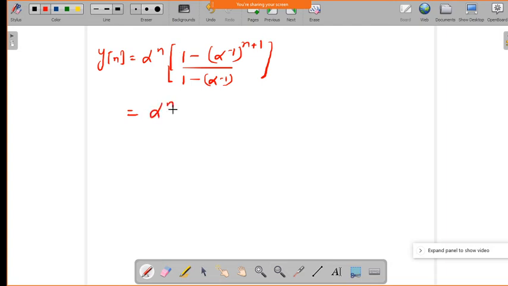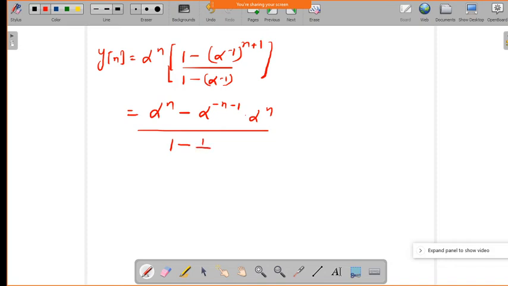What you will get is alpha power n minus alpha power minus n minus 1. If you multiply this n plus 1 inside, you will get alpha power minus n minus 1, and this alpha power n you have to multiply, so that is alpha power n. So here you will get 1 over alpha power minus 1.